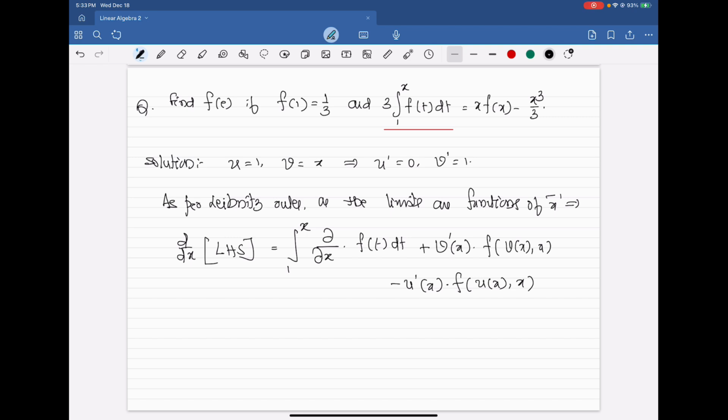Wherever p was there, we have taken it as x, and wherever x is there, we will replace it with t. Here it is t.